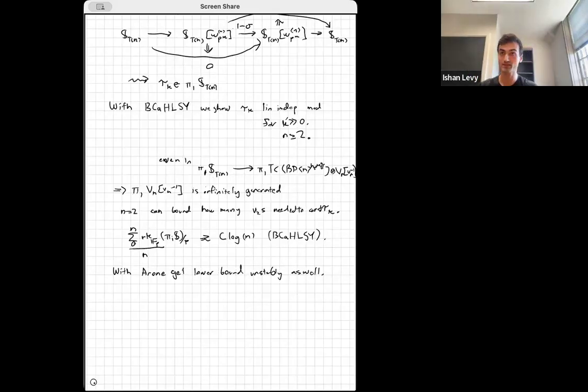And these are really the best lower bounds that we have on the growth rate of the stable homotopy groups of spheres. So this is the best way we know to construct elements of the stable homotopy groups of spheres.